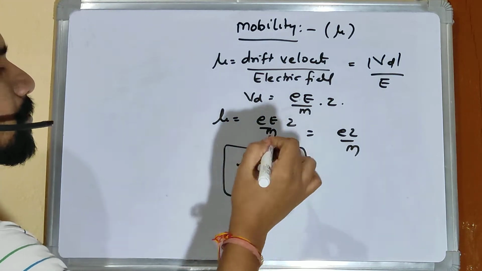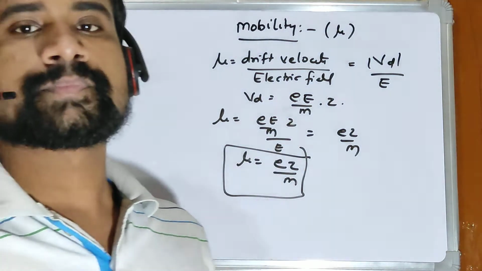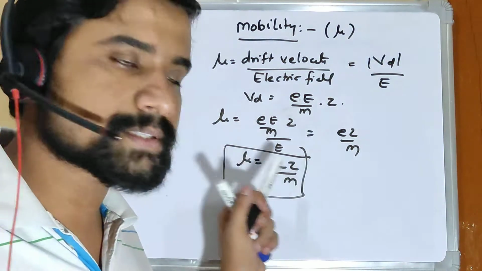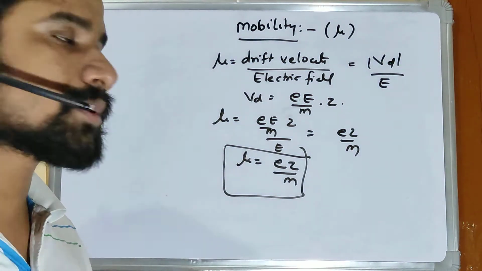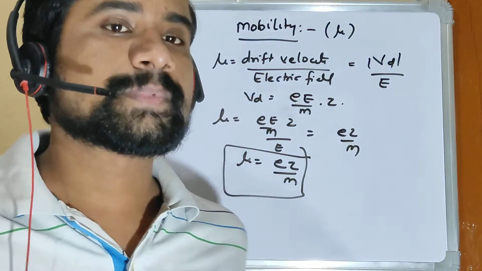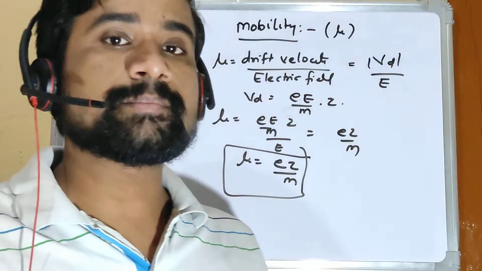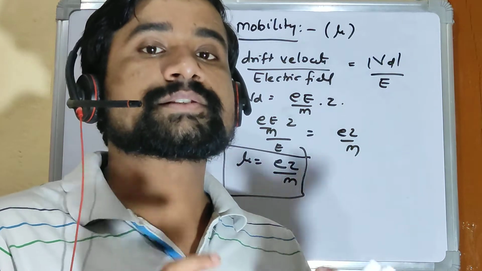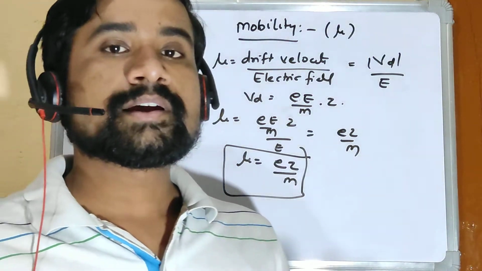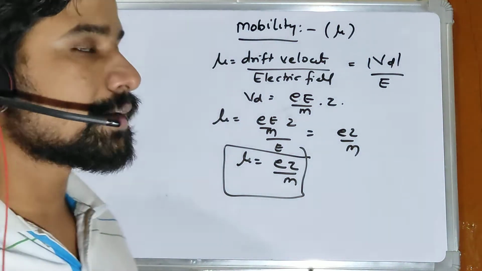This is mobility, right? You see, mobility depends on the charge of that species and the mass of that species. In case of an electron, this will be the charge of the electron and the mass of the electron. Tau is the relaxation time, right? Which is also a constant, the average time between successive collisions for a specific conductor, right?